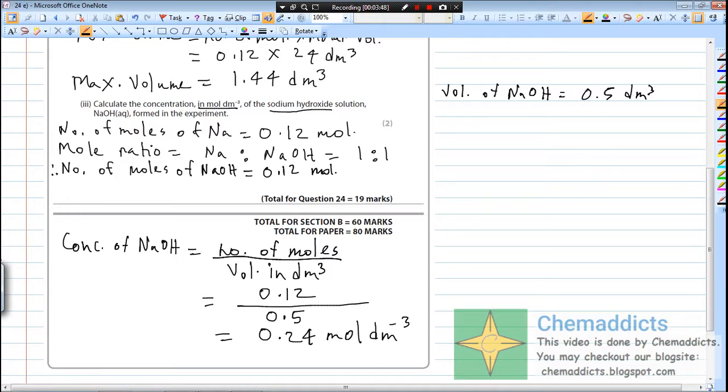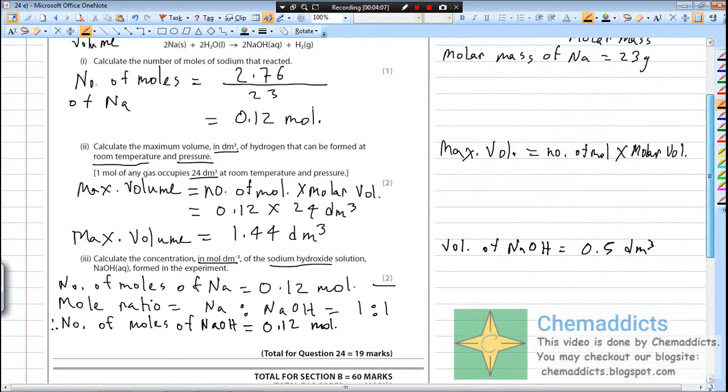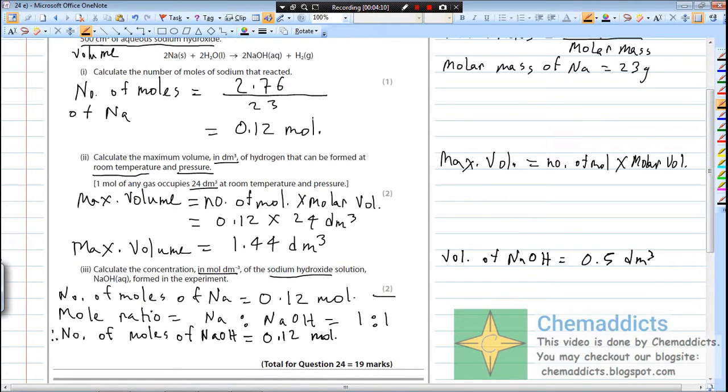Okay, there is one thing that we need to know: the total mark for this is 2 marks, so we don't need to show all these things. You can do these things mentally, since this is 2 and this is 2, so they cancel out and form 1:1.